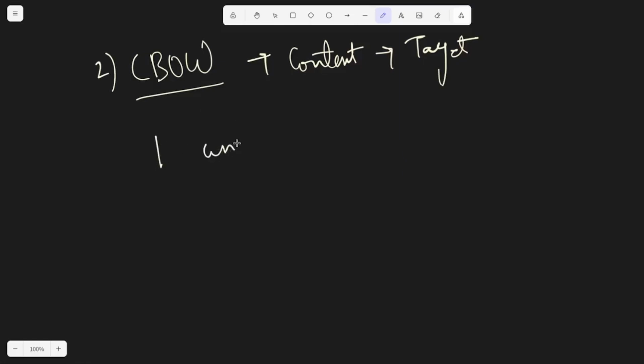Let's consider the sentence "I am the hero," right? And let's take the window size to be 3. And remember guys that window size is a hyperparameter that you choose, and it really depends. I'm going to talk about it in a minute, but here let's consider the window size to be 3.